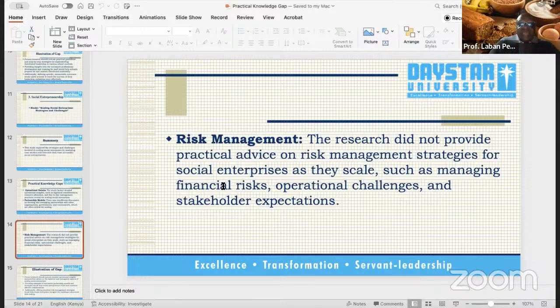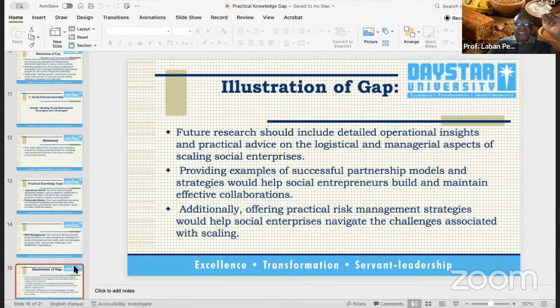So, by the way, you are reading this article. Now, when you're going to construct your own literature review, you are already seeing areas where you're going to write about vis-a-vis the topic that you're dealing with. Illustration of the gap: future research should include detailed operational insights and practical advice on the logistical and managerial aspects of scaling social enterprises.